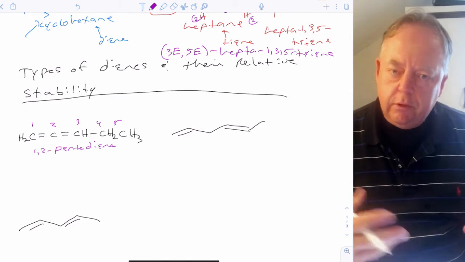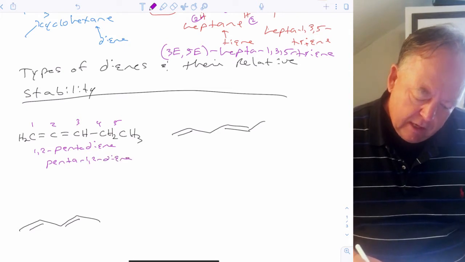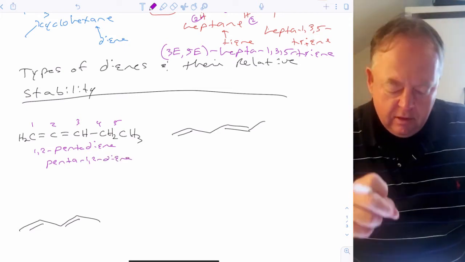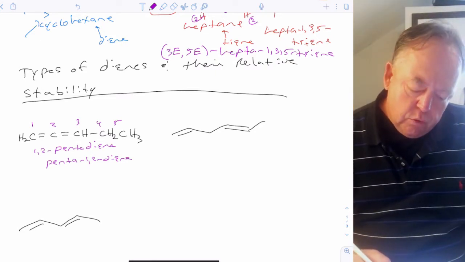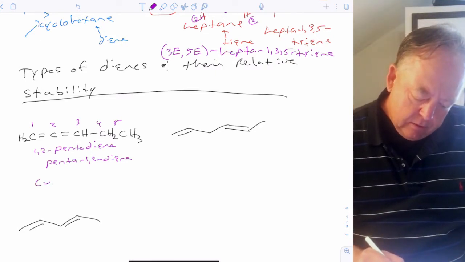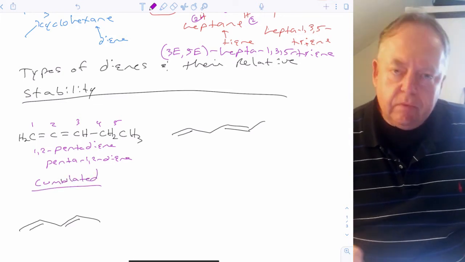That's the old way of doing it. The more conventional way of doing this is to put the numbers right before the letters in the functional group that tells you what it is. So that's a 1,2-diene, and this type of diene is what's called an accumulated diene.